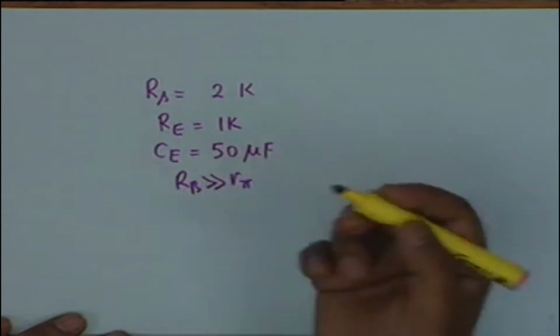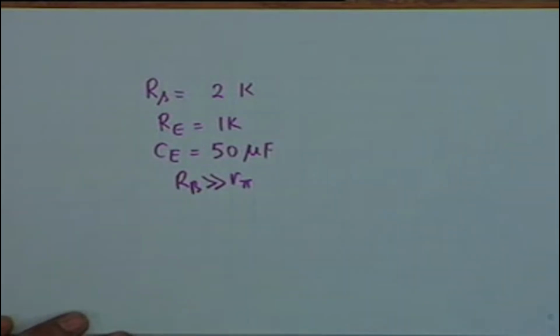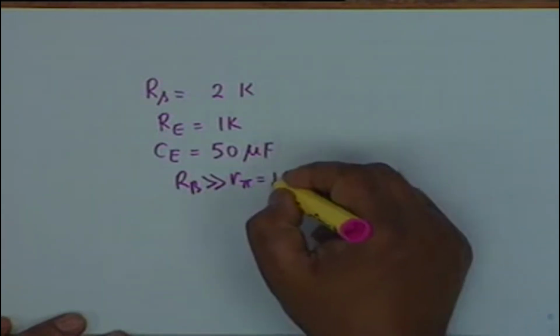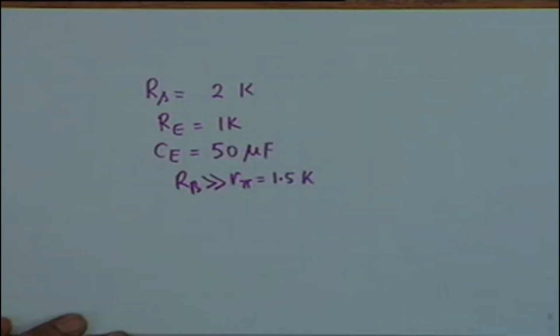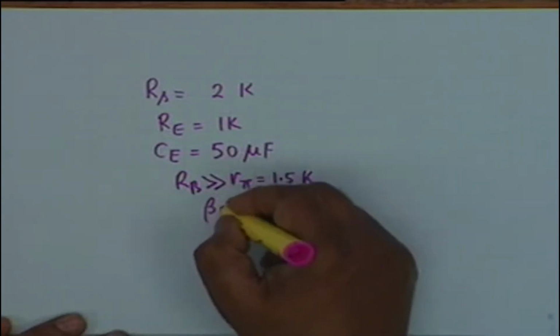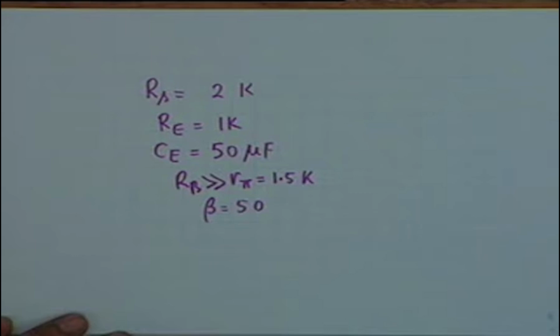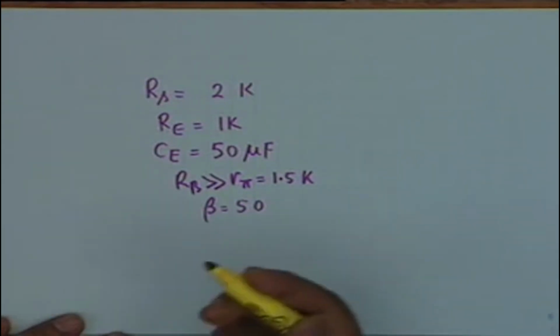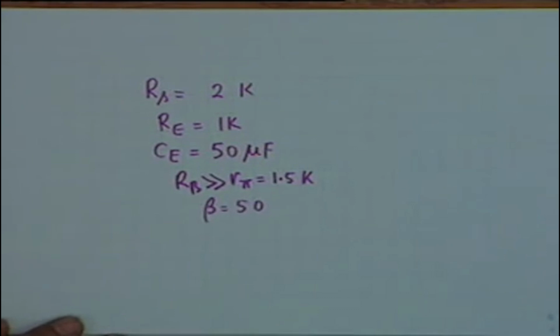Well, this we had assumed right at the beginning. R pi is given as 1.5 K and beta is given as 50. R pi and beta are given, so you can find out Gm, you can find out I sub C if you require to calculate R1 and R2.